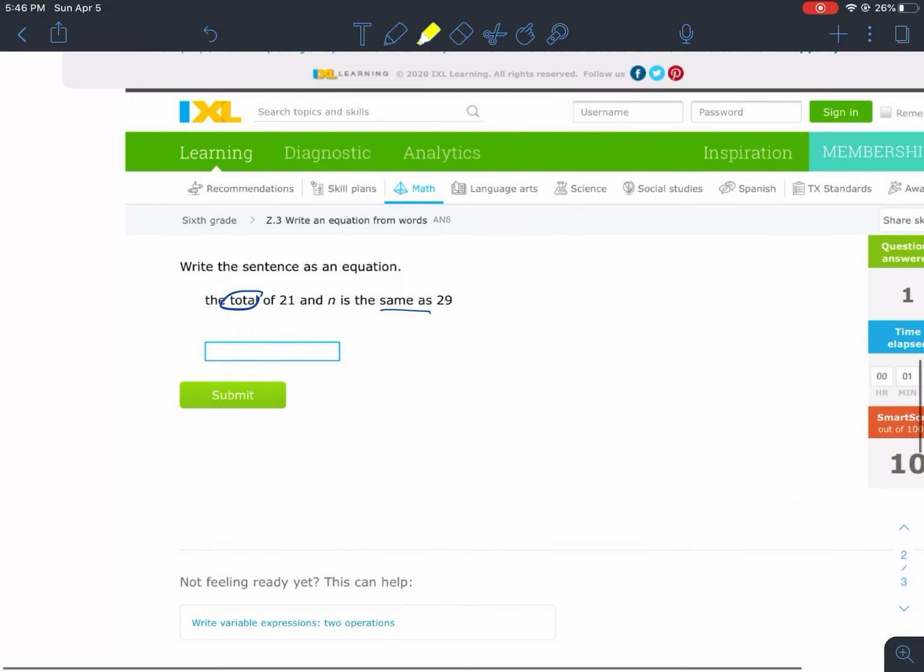So the total of 21 and n, the two numbers that I'm combining, is 21 plus n is the same as 29. So when it's saying it's the same as, well, it's telling me it equals 29. So I would type that in, and that's correct. 21 plus n is equal to 29.